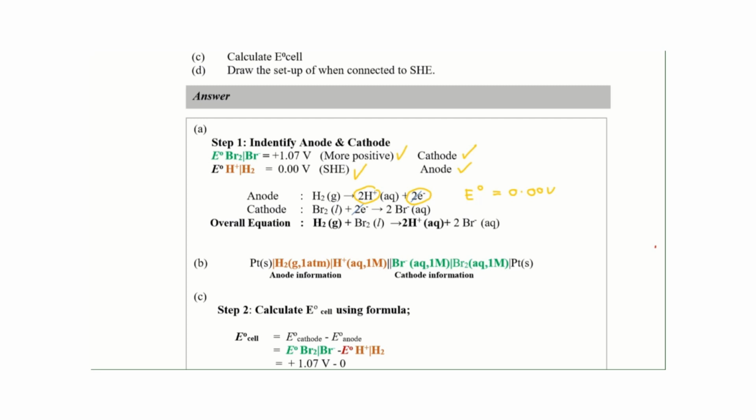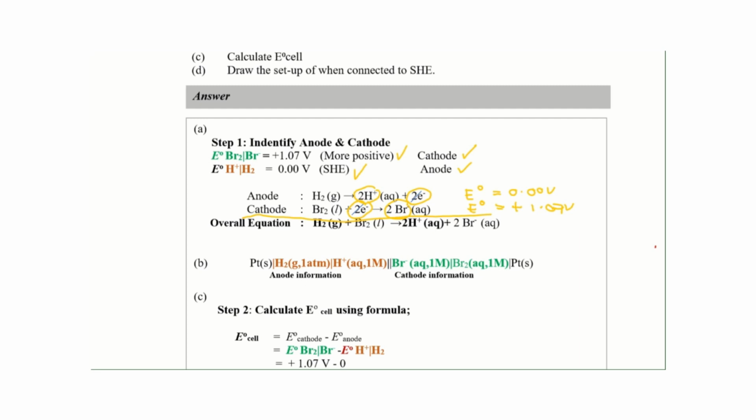At cathode, bromine undergoes reduction. That means Br2 liquid accept electron to form Br minus. Okay. So then we write E naught value for bromine, which is positive 1.07 volt. So to write overall equation, okay, we have to cancel out number of electron.